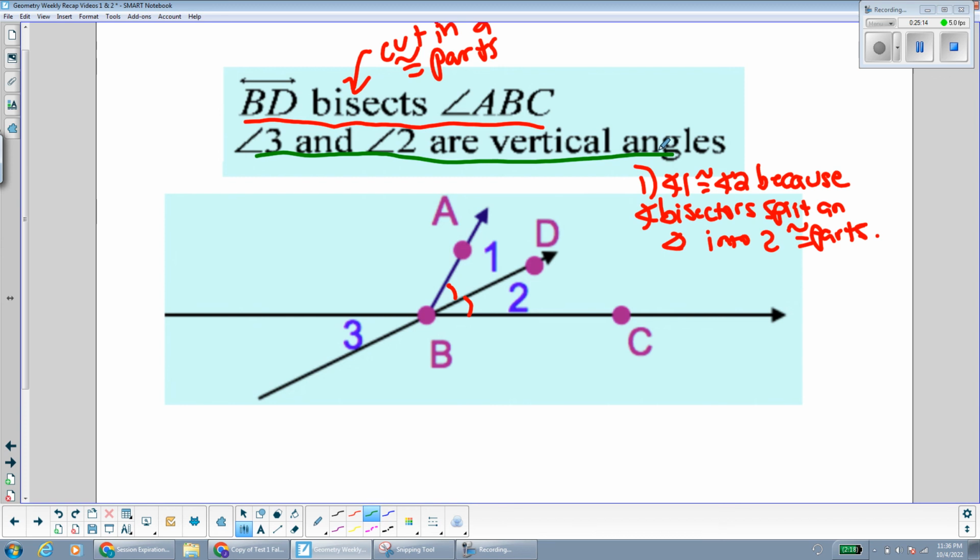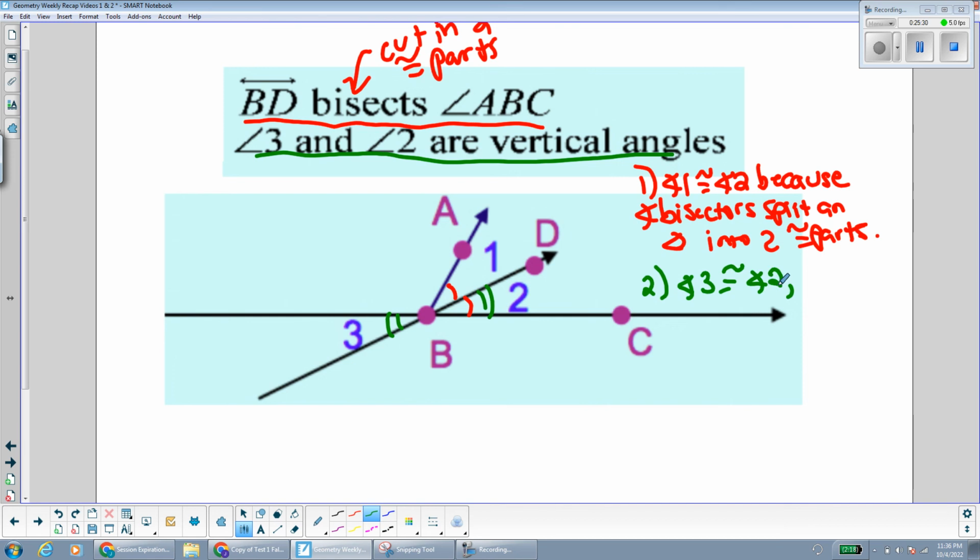We're also told that angle 3 and angle 2 are vertical angles in our given information here. If angle 3 and angle 2 are vertical angles, we know that they're congruent to each other. Angle 3 is congruent to angle 2.